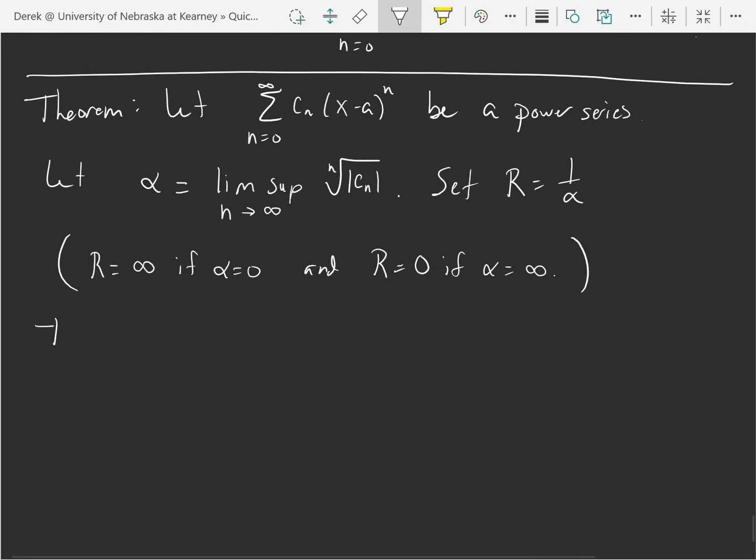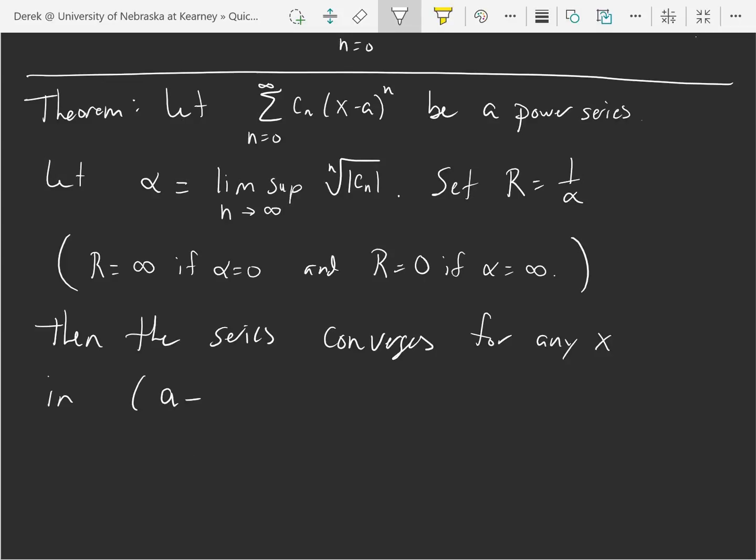Then the series converges for any x in a minus r to a plus r.